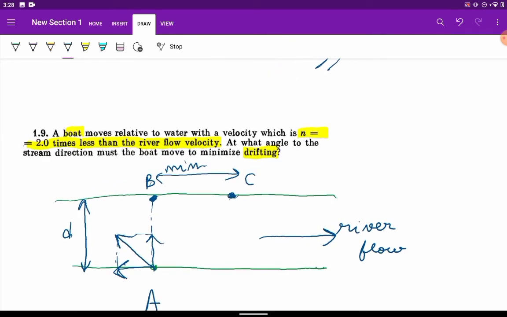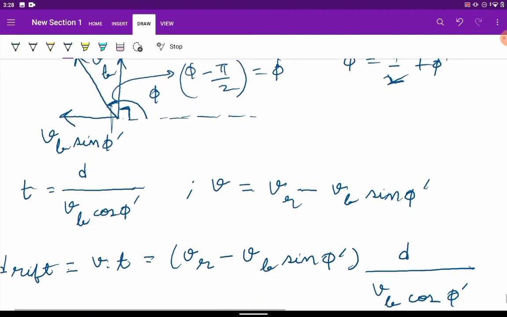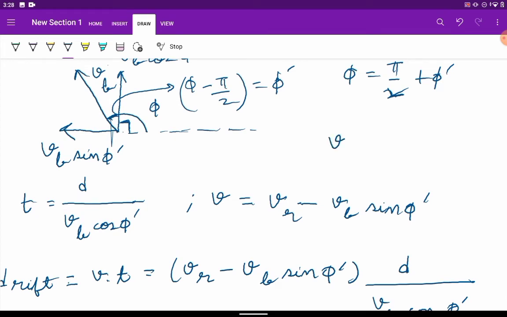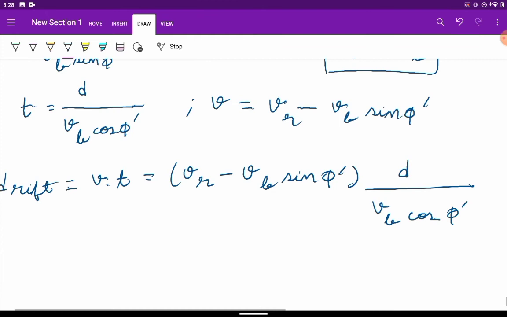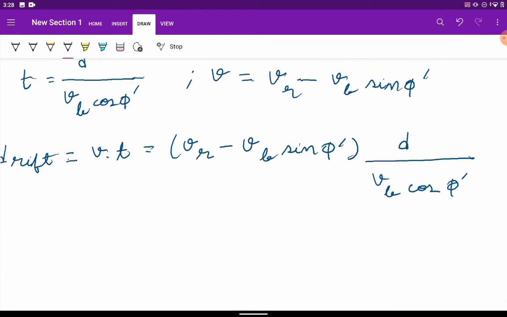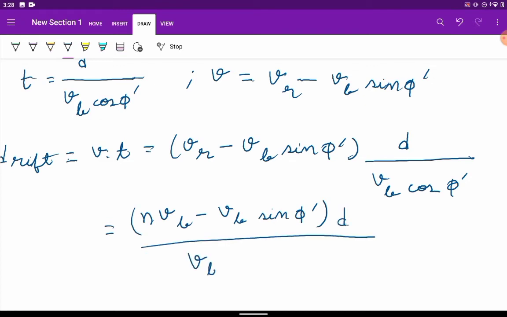Now from the question we know that the river flow velocity is n times the boat velocity. So VR equal to n times VB. We'll just substitute that here. VR is n times VB, minus VB sin phi dash, multiplied by D by VB cos phi dash.